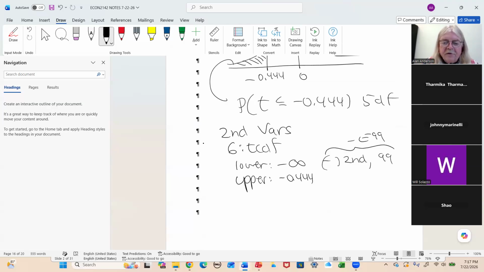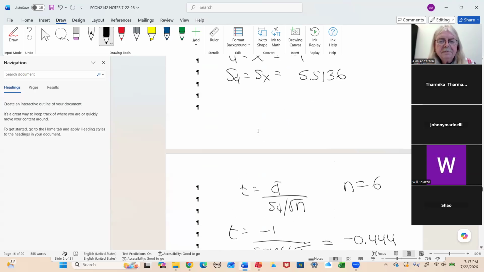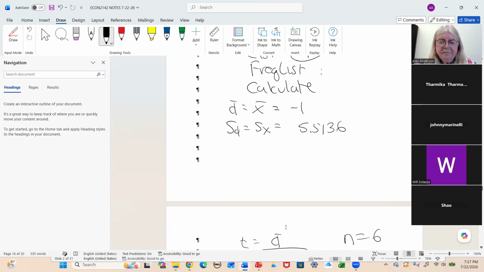Degrees of freedom is still 5. And we get 0.3378. Alpha, though, 0.10.